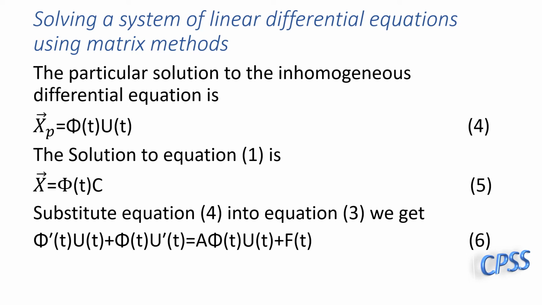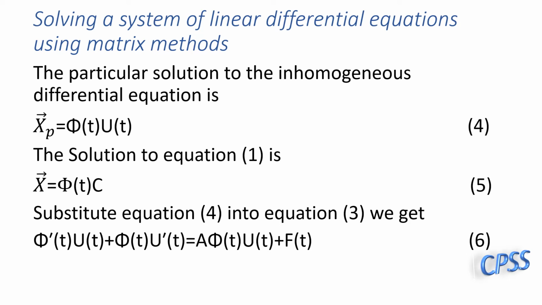Now, the particular solution to an inhomogeneous equation is what is called a particular solution. The way to write it is with the homogeneous solution, there's an additional function of t multiplied with that general solution.